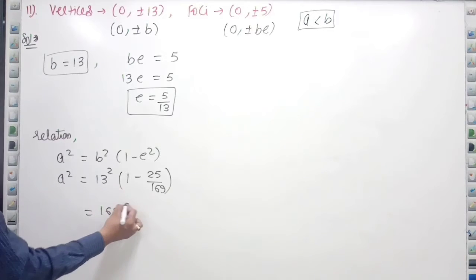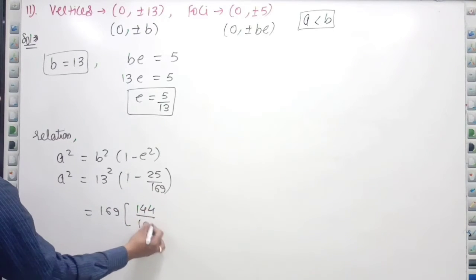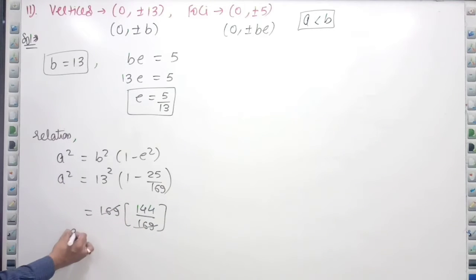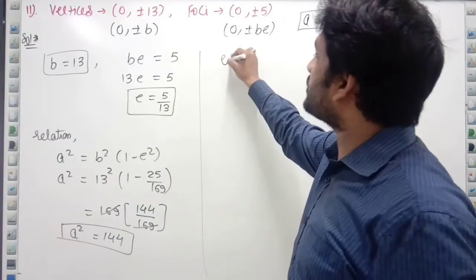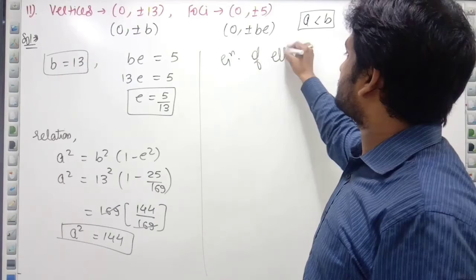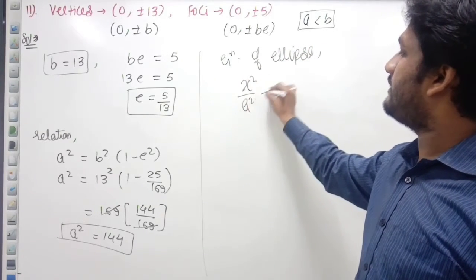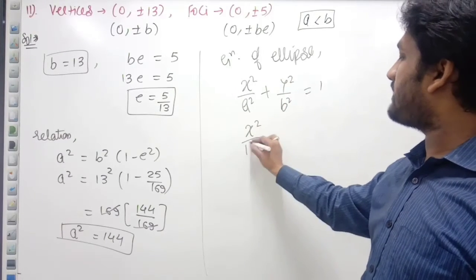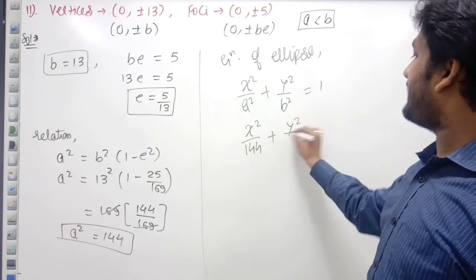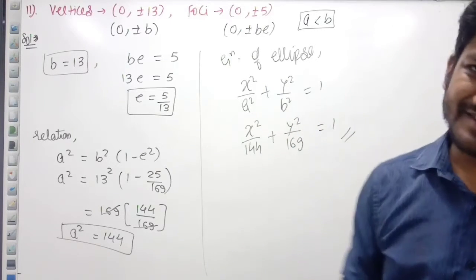So 169, LCM, 169 minus 25, 144 by 169. So I am having a square as 144. a square is 144, you already have the equation of ellipse, x square by a square plus y square by b square equal to 1. x square by 144 plus y square by 169 equal to 1, and this is the required answer.